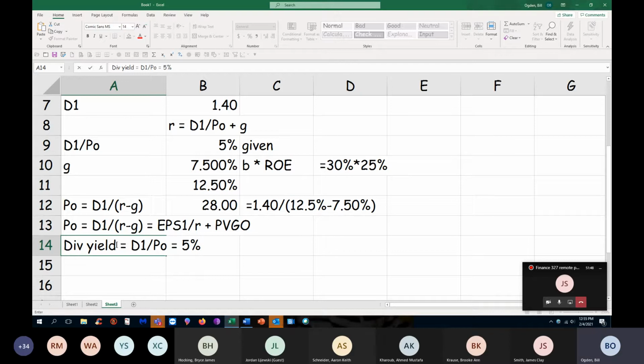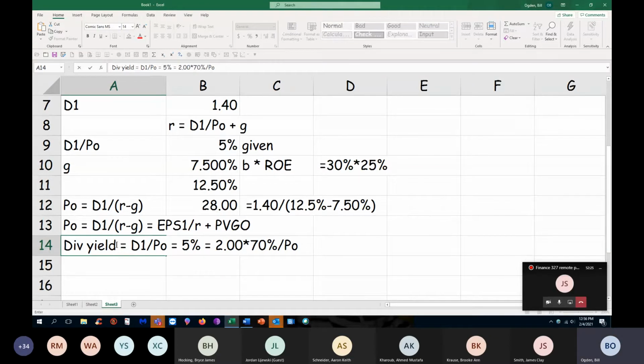They said that the dividend yield is equal to $2 times, okay, that's the earnings, times the payout ratio, which is 70%. I hope you see where I got that. That's 1 minus 30, right? The b. Right, and they said divided by P0.